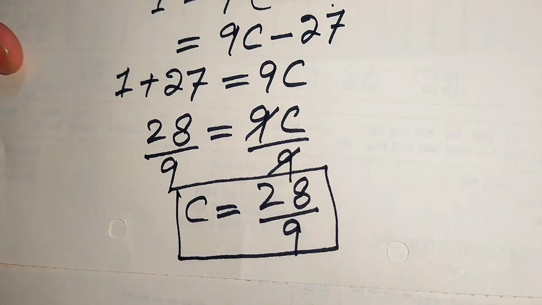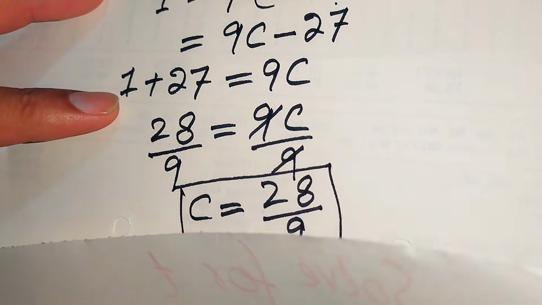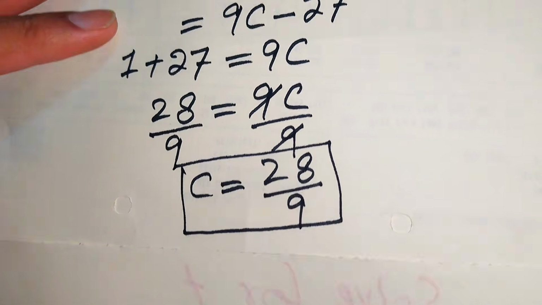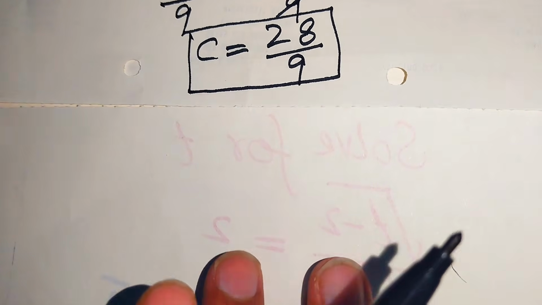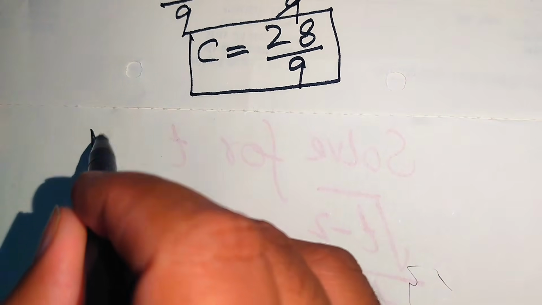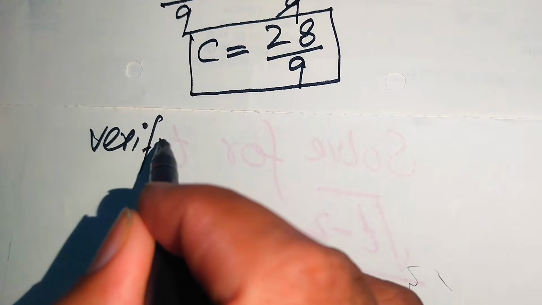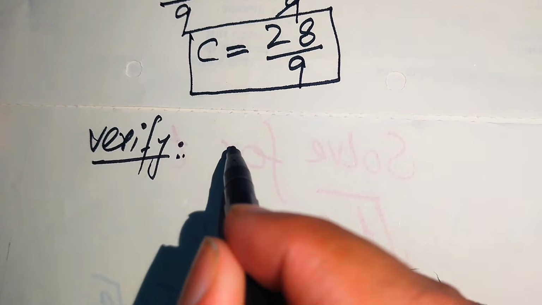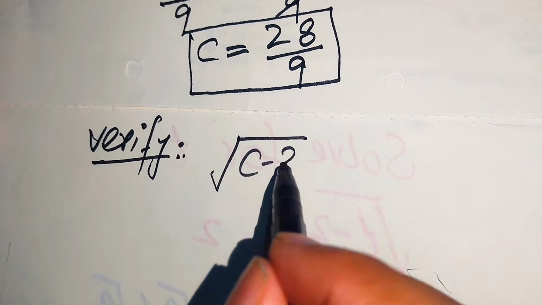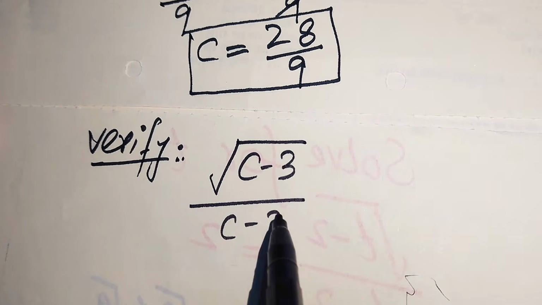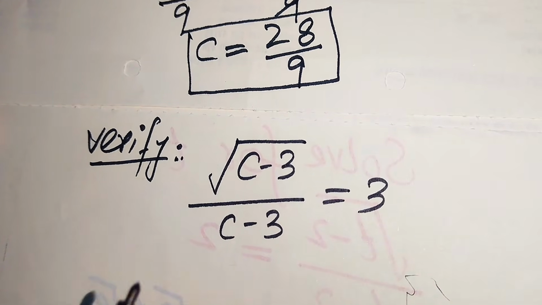So for this we need to copy down the given question statement here for the verification case. It is square root of c minus 3 divided by c minus 3 is equal to 3.